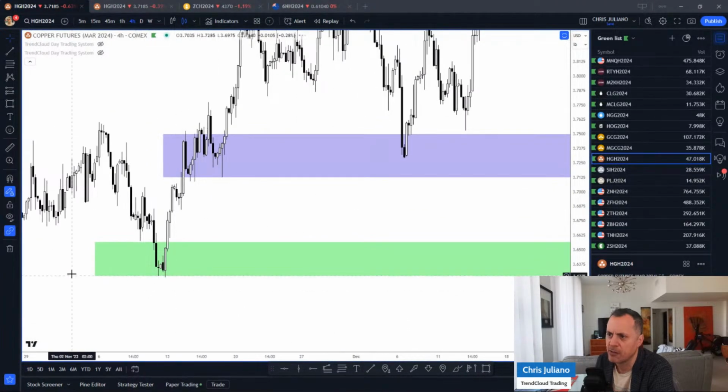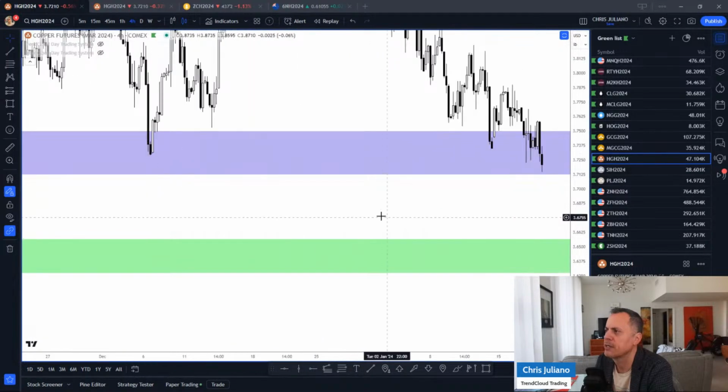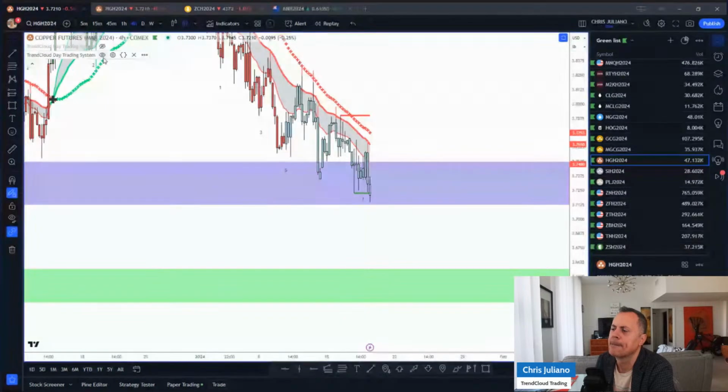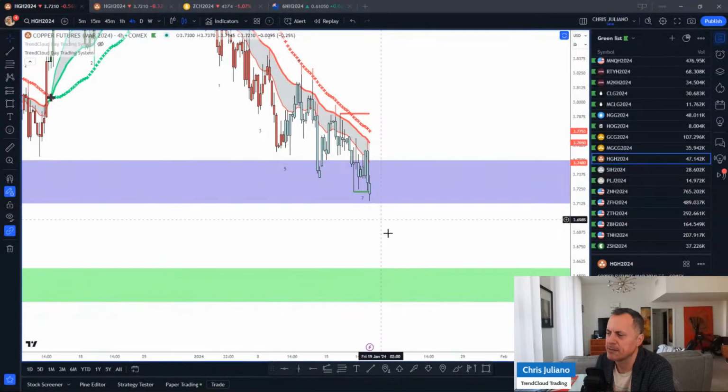Okay, there it is. So on the 4-hour chart, copper might be heading towards this, right? But it's definitely trying to break through all this mess right here on that 4-hour. Extended trend.